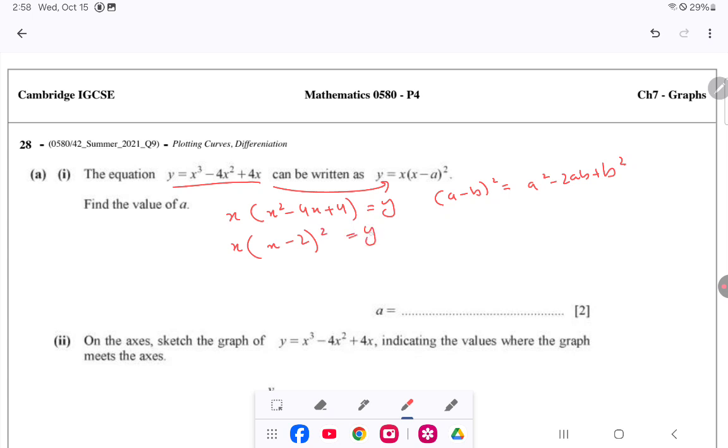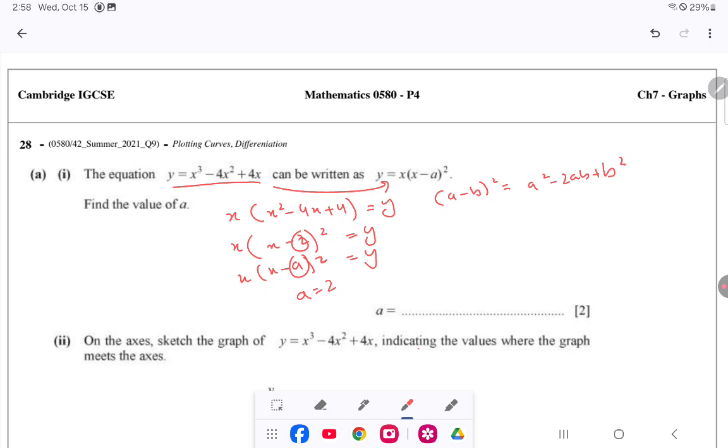So the condition now matches. We can compare with our given condition. So our a is 2.